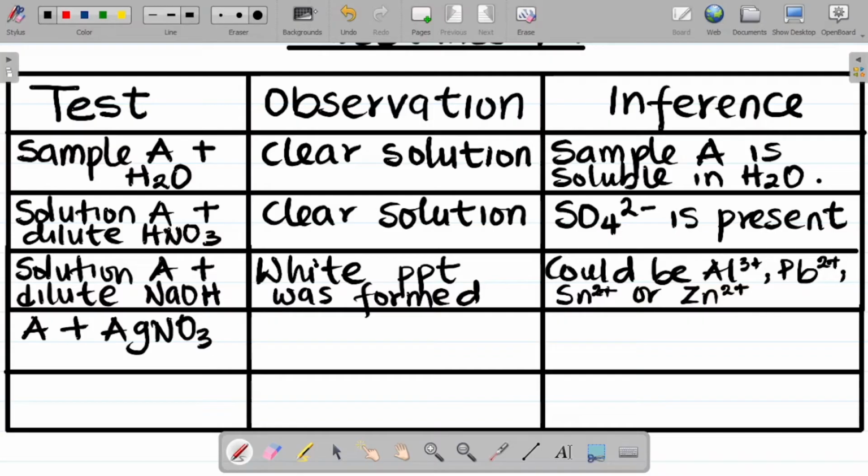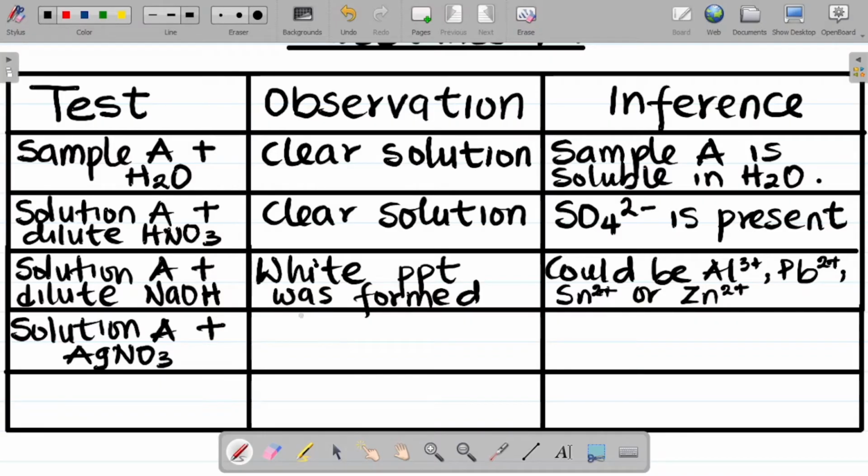This is still correct. Since I have enough space, let me write in full: solution A plus silver nitrate, AgNO3.